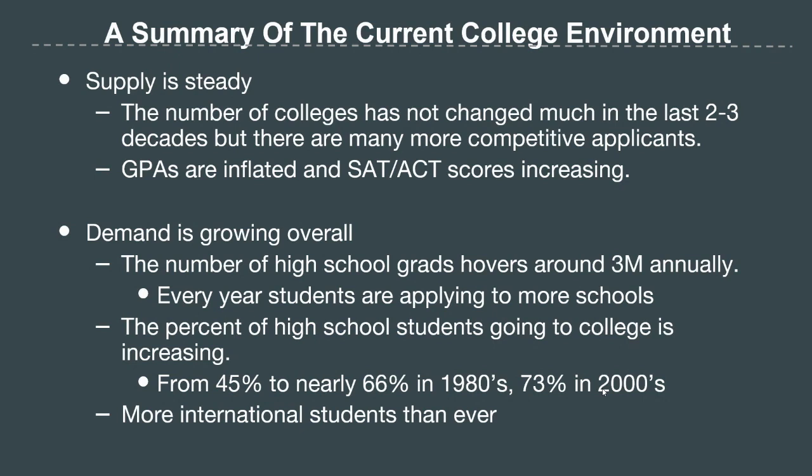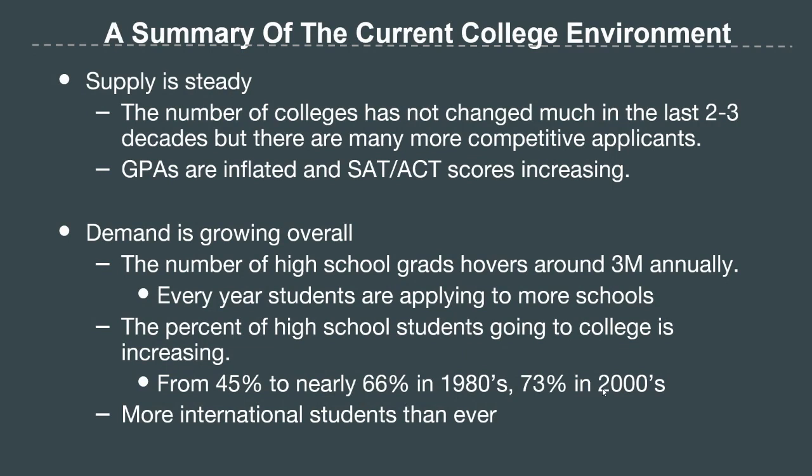Every year, the number of high school graduates is around 2.7 to 3 million typically. But every year, more and more students are also applying to more and more schools.